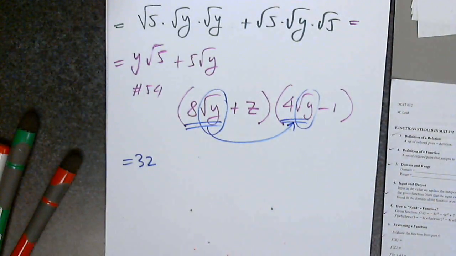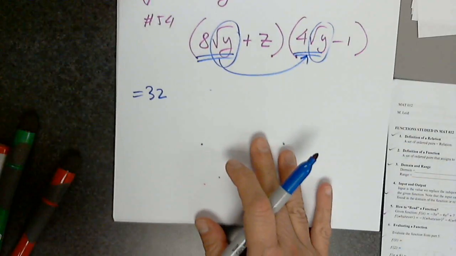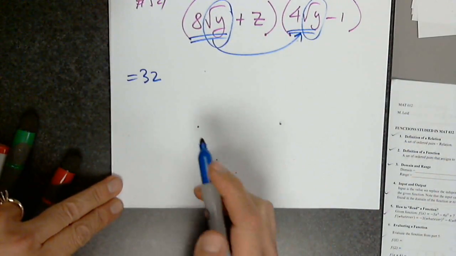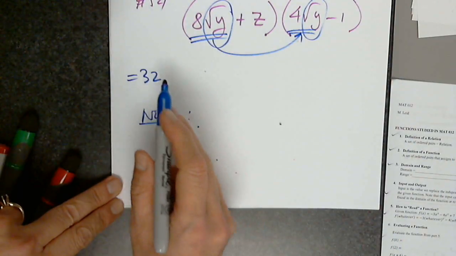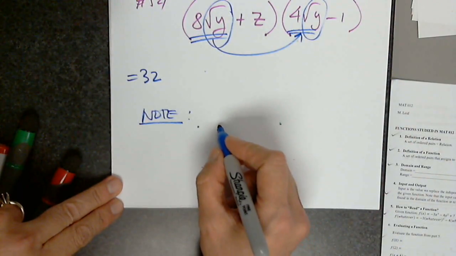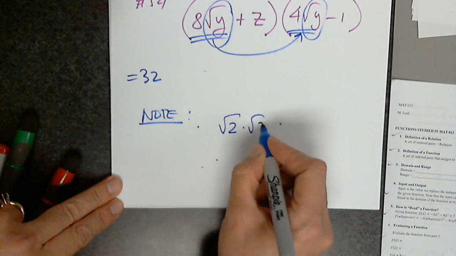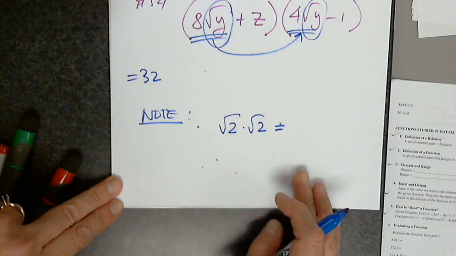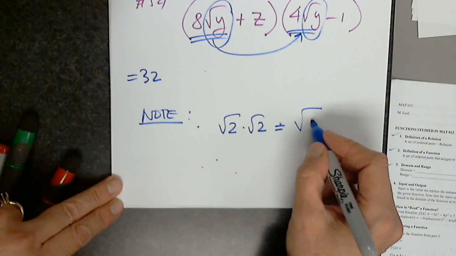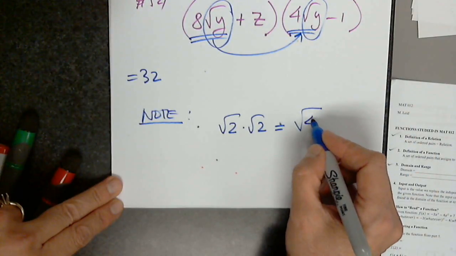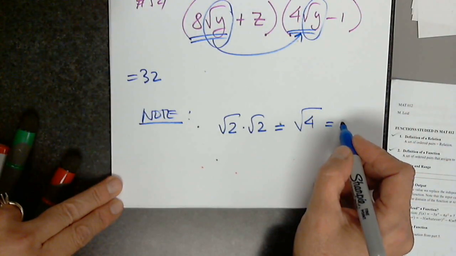And before we do that any further, I would like to establish something very important. So that's a note before we continue the problem. Here's my note. How much is the square root of 2 times the square root of 2? Well, the same radical. It's the square root of 4, which is 2.